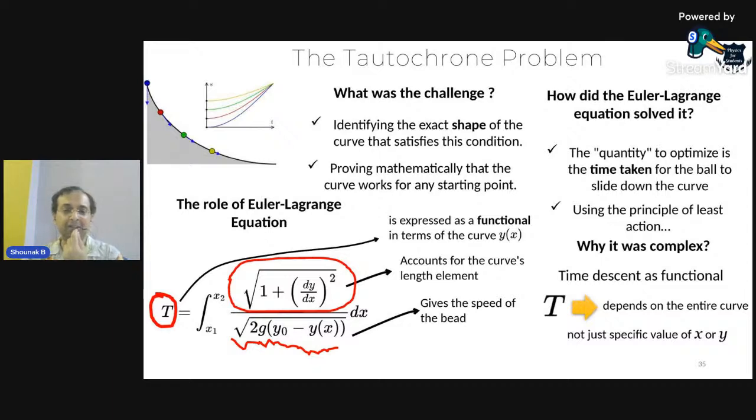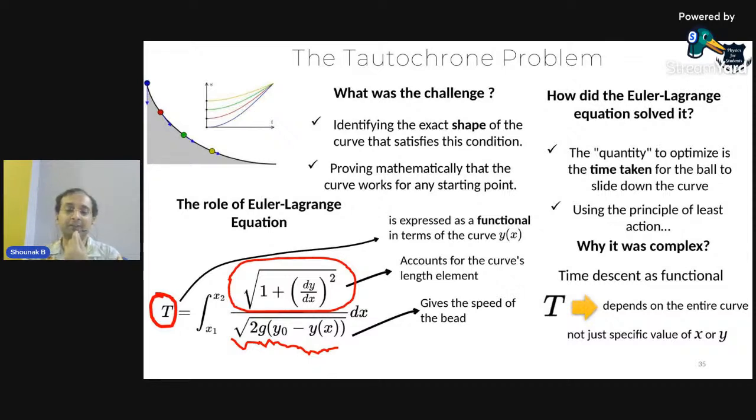And here you can see the time of the bead has been calculated as this big expression, where the first term accounts for the curve's length and the second term gives the speed or the height. So what we can understand is that the Euler-Lagrange equation is a powerful mathematical tool from the calculus of variations. The quantity to optimize is the time taken for the ball to slide down the curve.